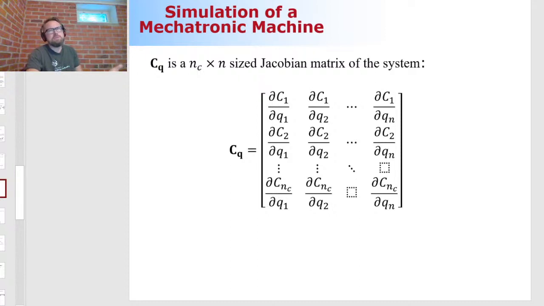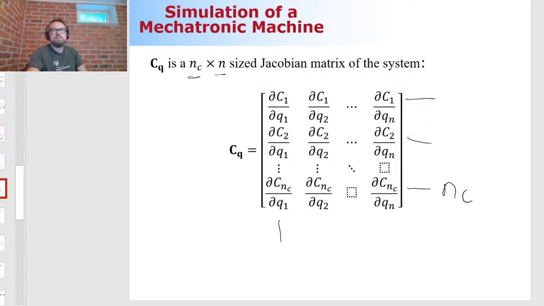I mean, the Jacobian matrix is a matrix, and it has nc multiplied by n dimension. So immediately when you see the Jacobian matrix, you can tell the number of degrees of freedom, because rows correspond to the number of constraint equations.